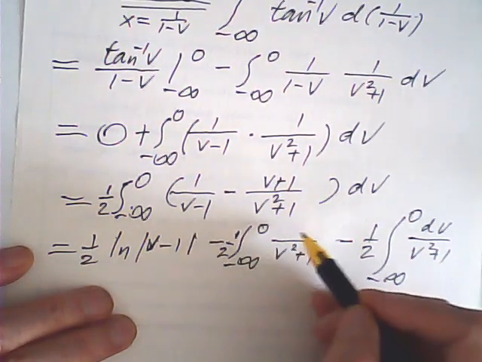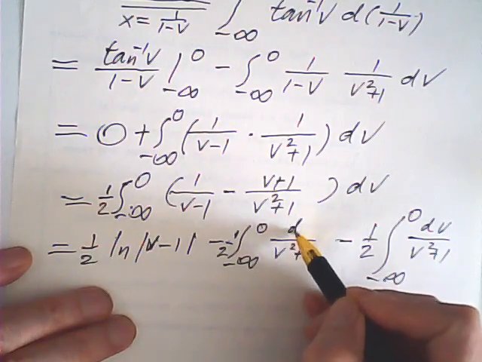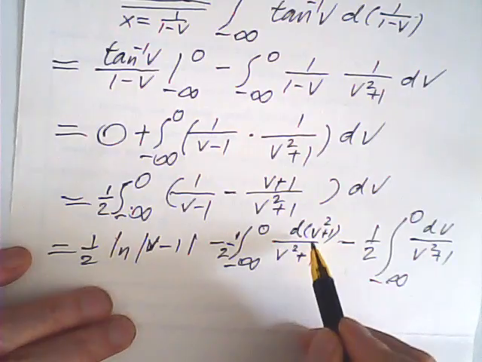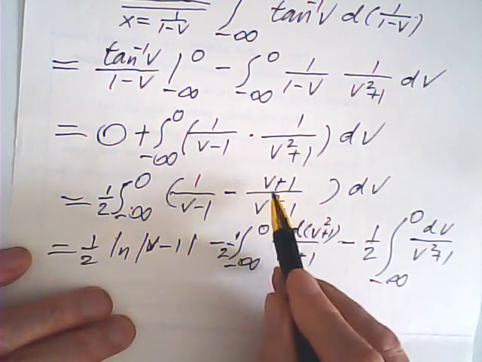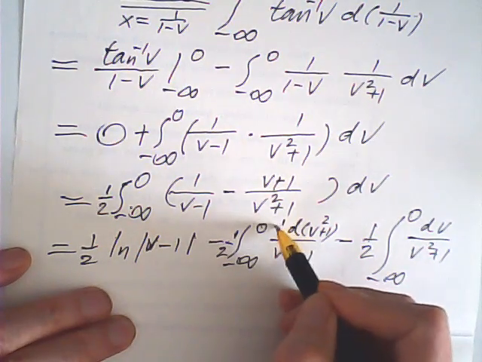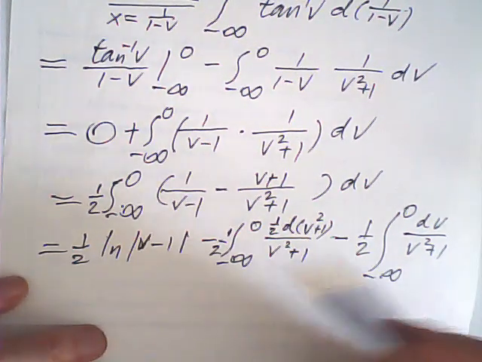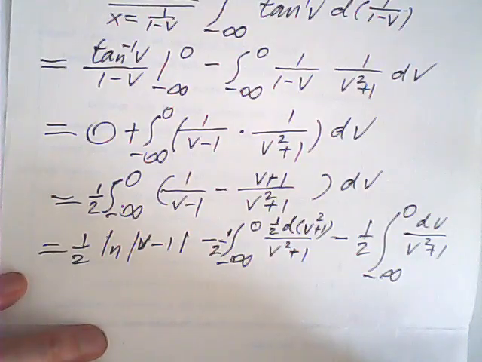For this, I change it to d of v squared plus 1, that will be 2v dv. I got a v, so times half again.